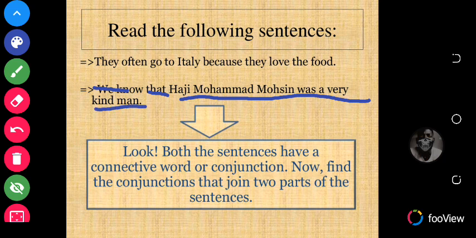So the first part, we know, is different, and the second part, Hajj Muhammad was a very kind man, is also different. These two sentences can stand on their own, but we can then combine them with the connective word that. And I read the full sentence: we know that Hajj Muhammad Mohsen was a very kind man.